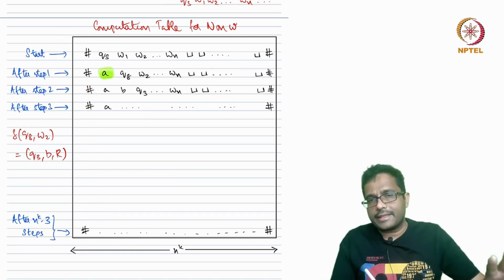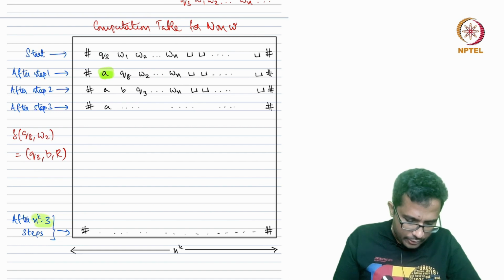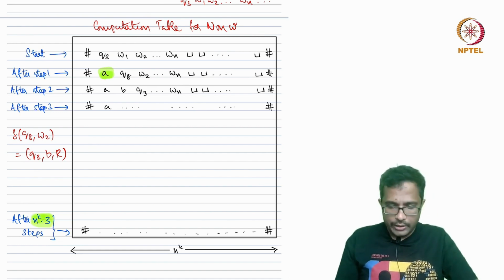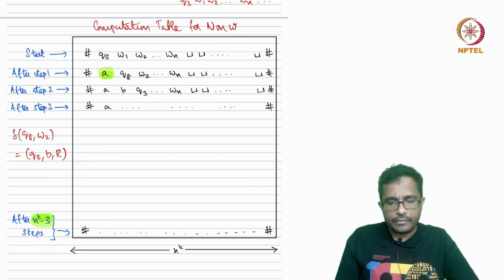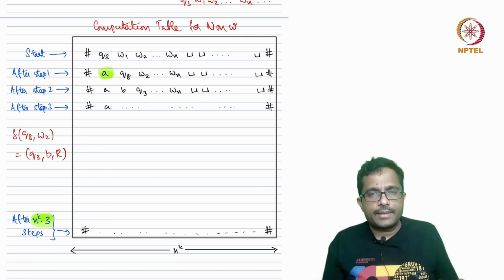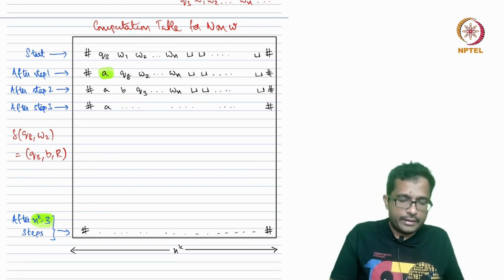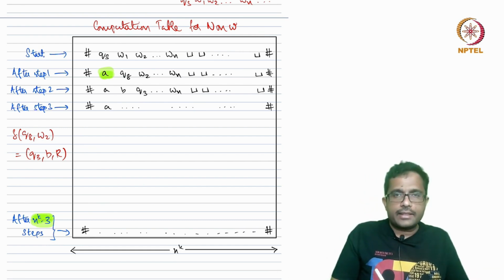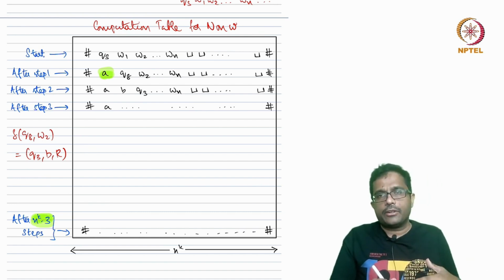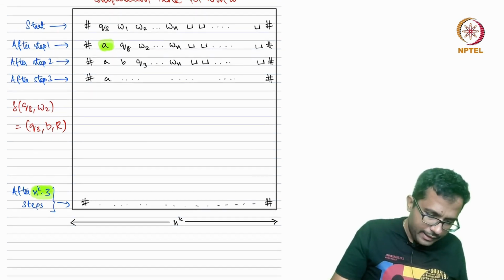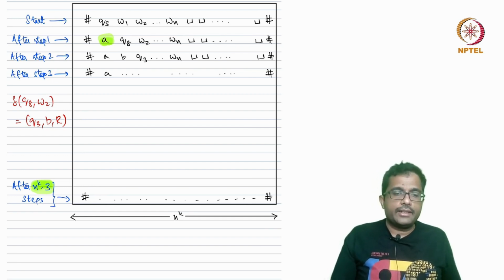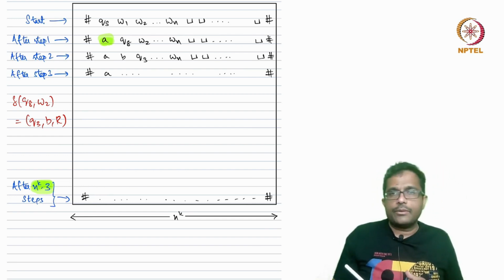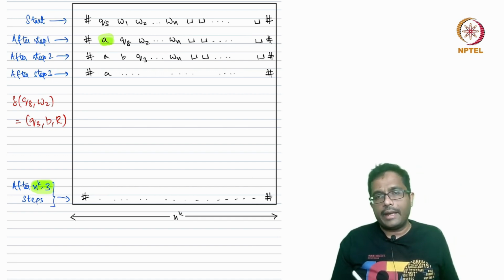We know that the acceptance or rejection will happen in n power k steps, so that many rows is what we have. That is the table. It has roughly n power k rows and n power k columns. And if W is accepted by N, there is a sequence of configurations starting with the starting configuration, ending with an accepting configuration, where every step is a valid successor. And suppose W is not accepted by the non-deterministic Turing machine N, then there is no such valid sequence of computations that leads to acceptance.